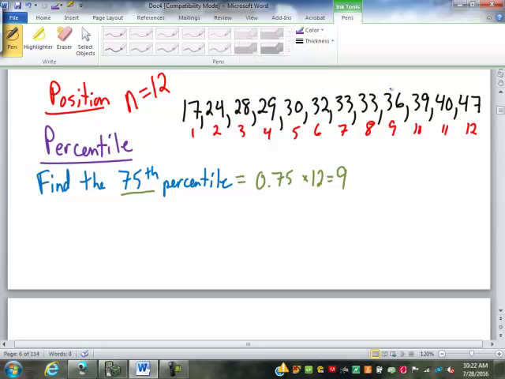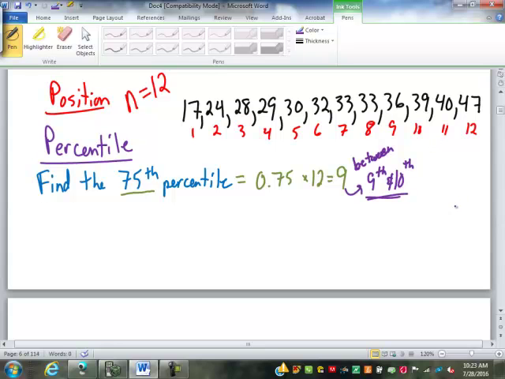Now with the median, if that came out to be a whole number like that, what did we do with it? It was between that one and the next one. What this is telling us is that our 75th percentile is between the 9th and 10th number in the list.